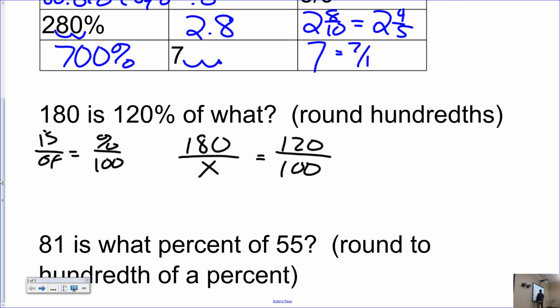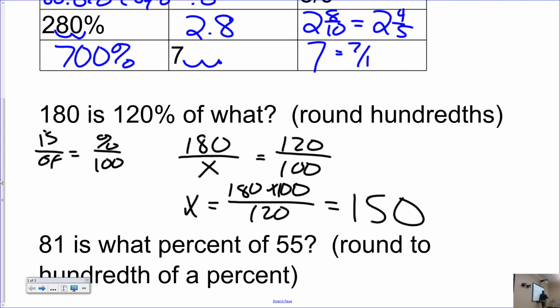So what do I multiply and what do I divide? 180 times 100 divided by 120 percent. And what did that work out to be? 150. Bingo. Nice.